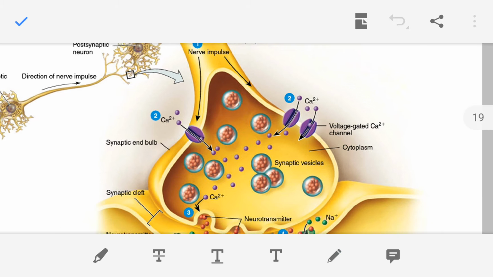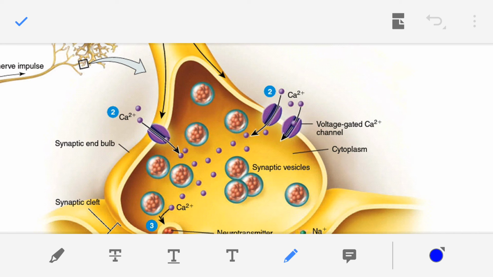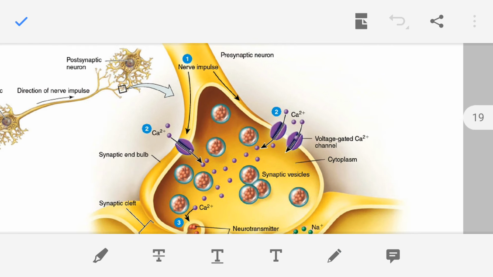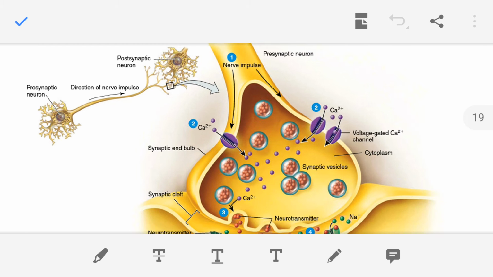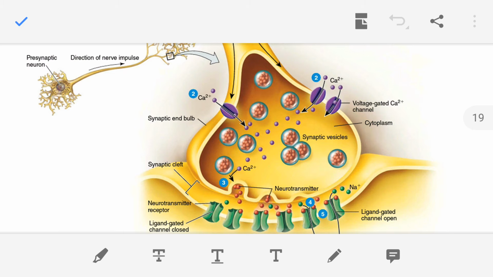Now in the plasma membrane you can see voltage gated calcium channels are present. So when the nerve impulse reaches the synaptic end bulb, this voltage gated calcium channel opens, and the calcium ions from extracellular fluid enter into the synaptic end bulb.